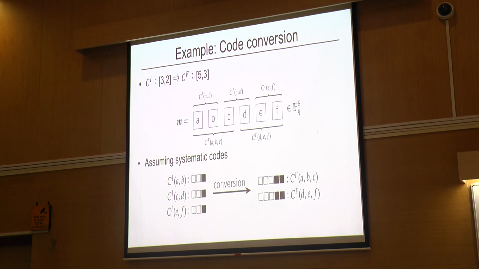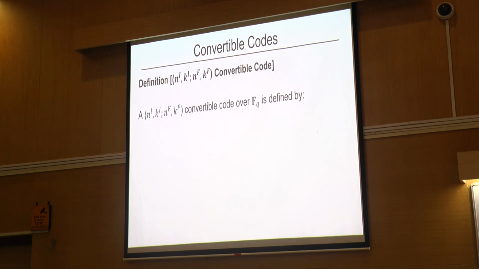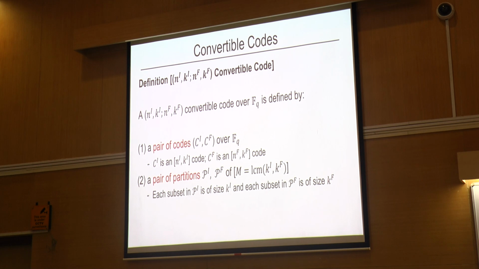Okay, so now putting it all together, we have (NI, KI; NF, KF) convertible codes, which consist of 3 components. First is a pair of codes CI and CF, where CI is an NI-KI code and CF is an NF-KF code. Second, a pair of partitions PI and PF, which map message symbols to different code words.